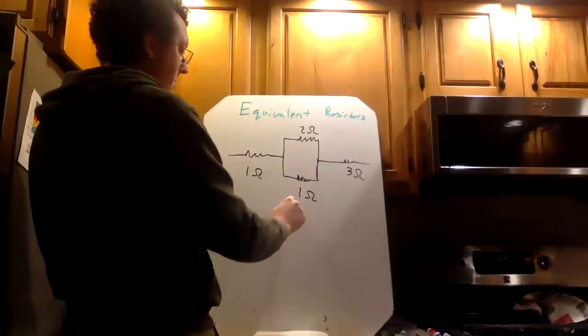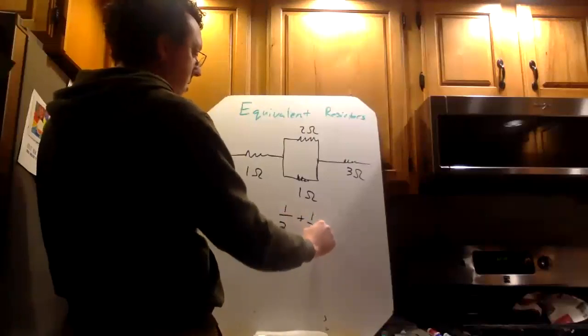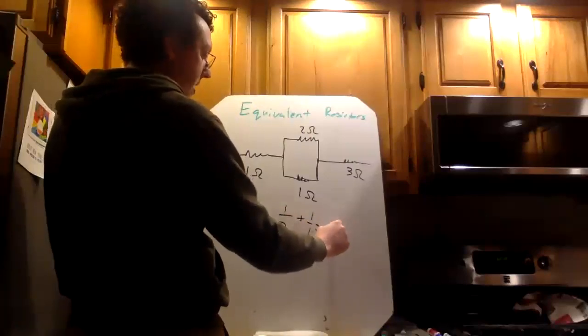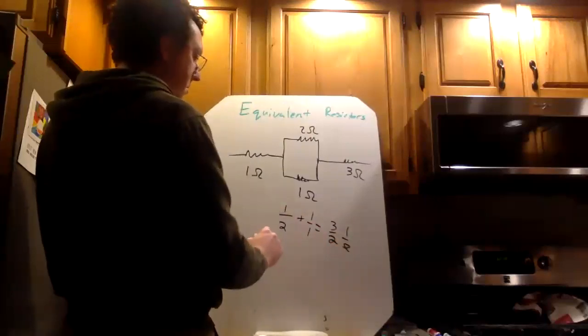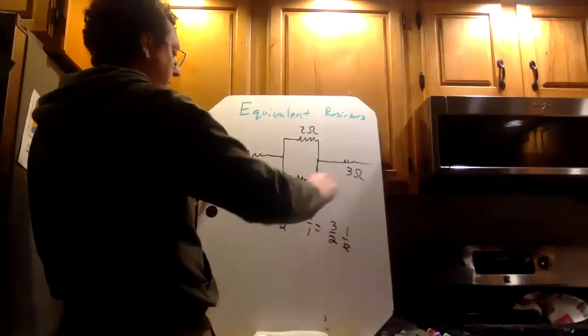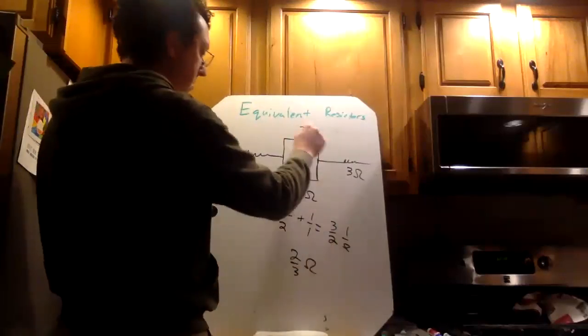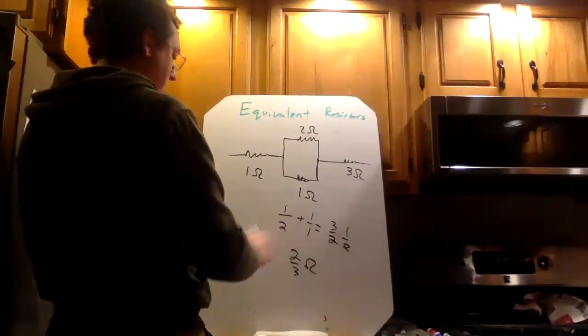That's going to give me 1 over 2 plus 1 over 1 equals 3 halves, and it's inverse ohms. So therefore, this whole thing together is the same as 2/3 of an ohm. That's in the middle.